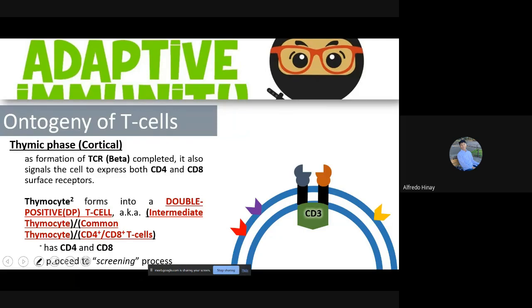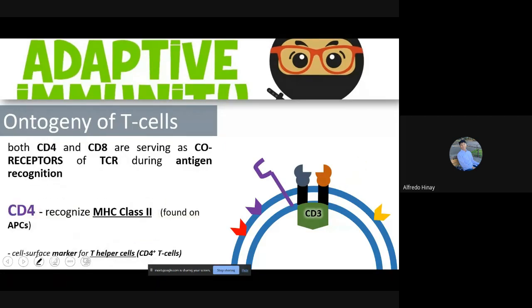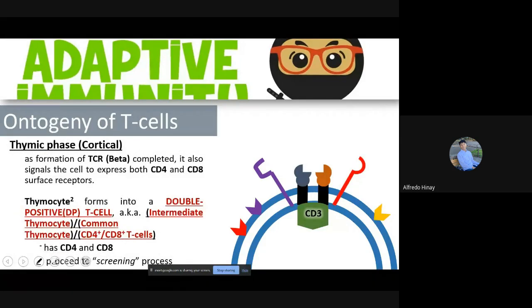Ibig sabihin, class, dalawa na yung express ni T cell. You have your CD4 and then you have your CD8. Pero di ba, kabalo man jud ta, class, na dapat isa lang jud ang mabilin. Either mahimo siyang CD8 or mahimo siyang CD4.